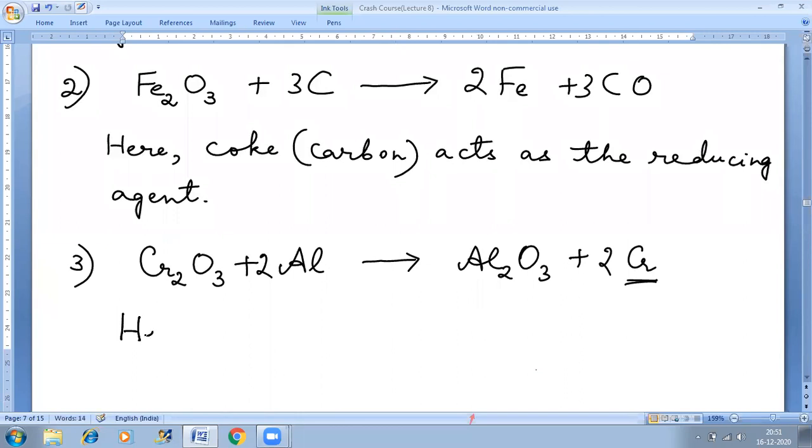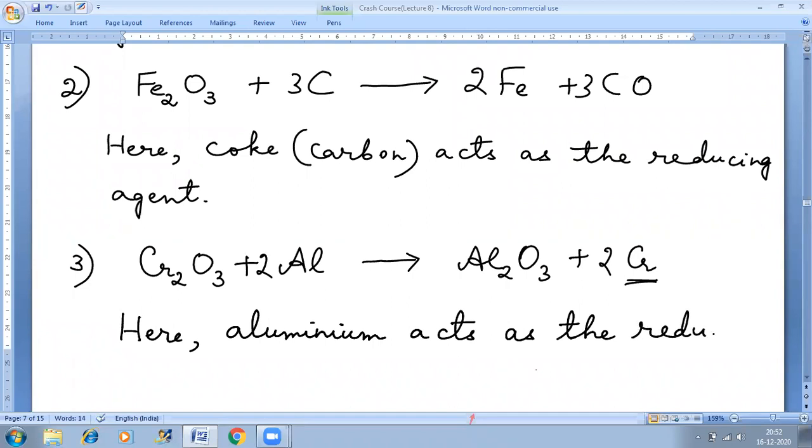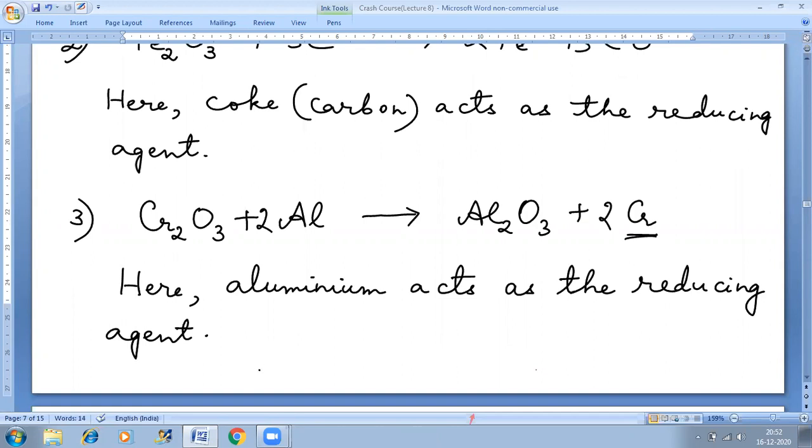So here, who is acting as a reducing agent? Aluminium acts as the reducing agent. So you have to know these examples of reduction of oxides.